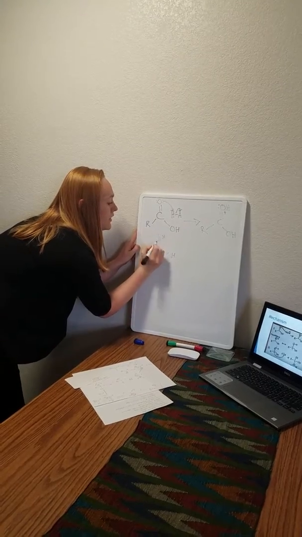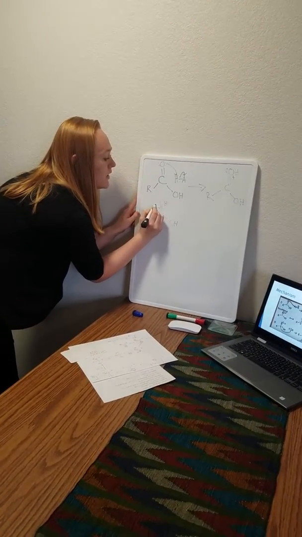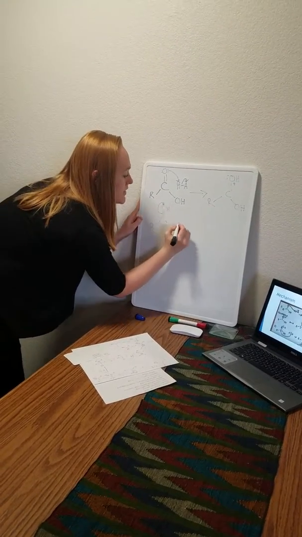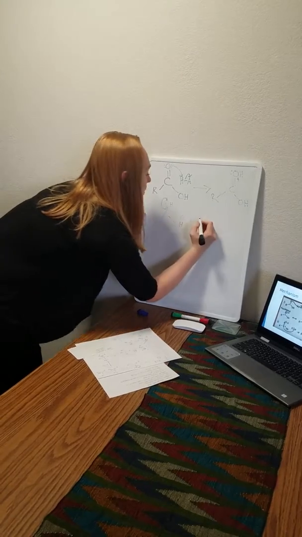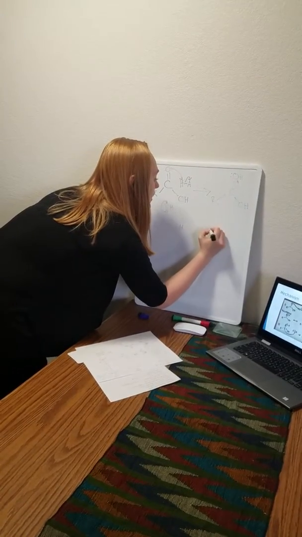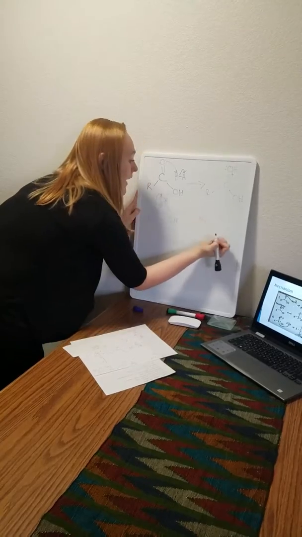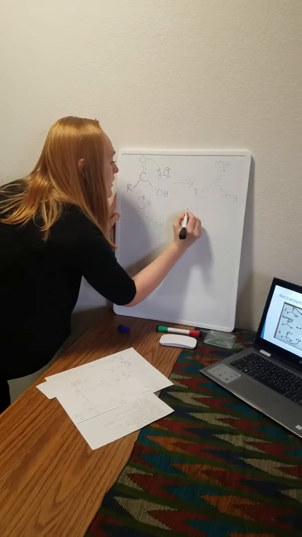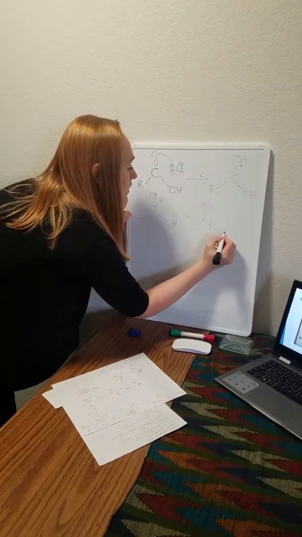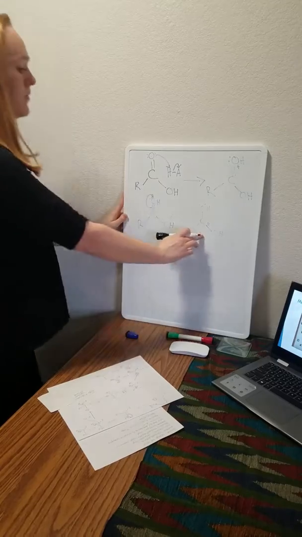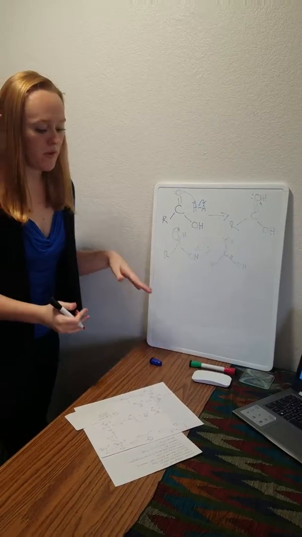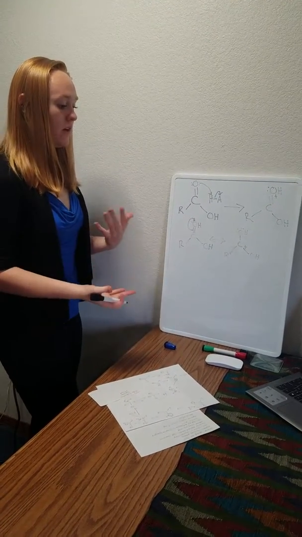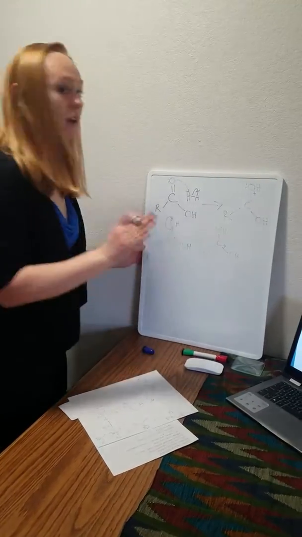This pi bond can break and the electrons transfer up here to this oxygen, which leads to a carbocation here with a positive charge on the carbon. And that helps to stabilize the atom. So once you have the carbocation, then you're able to react that with the alcohol.